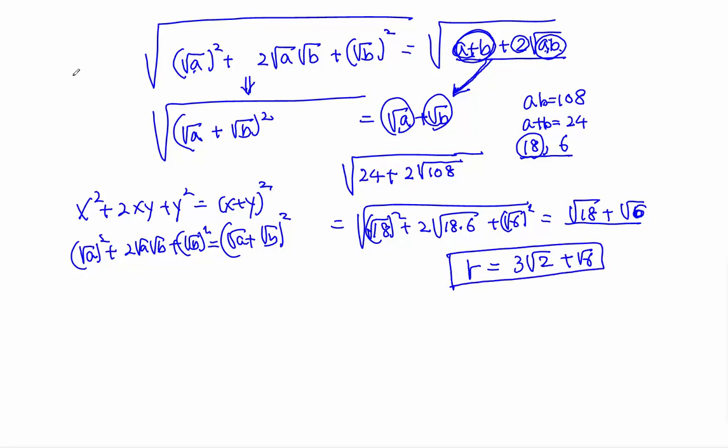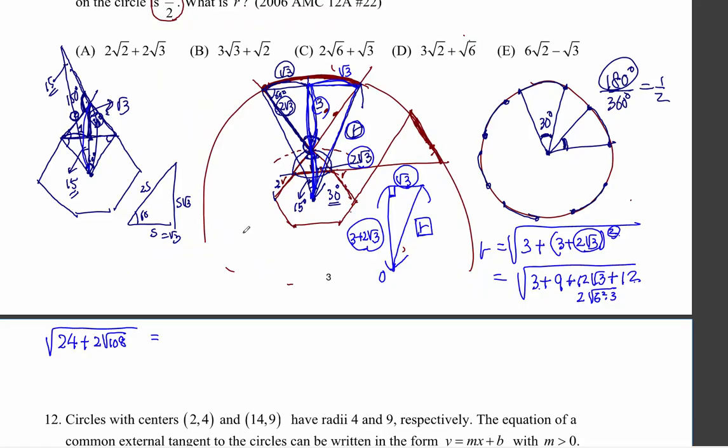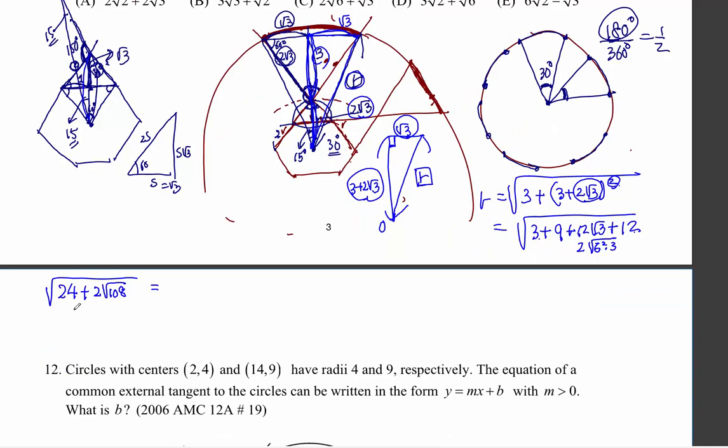Okay, now back to work over here. When you have this one, always find the two numbers. That's why I keep the number 2 over here, and the other number 6 should be going inside. We need only the 2 before the radical. So from here we can say the sum is 24 and the product is 108.